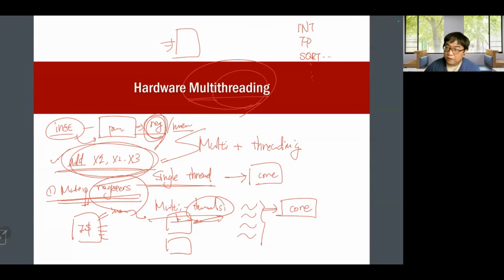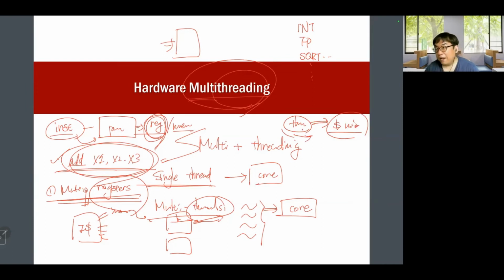Also, this multi-threading idea is very useful because when a thread is executed and encounters a cache miss, this thread needs to wait until the data is fetched from the lower-level cache or memory, and it will take a very long time.